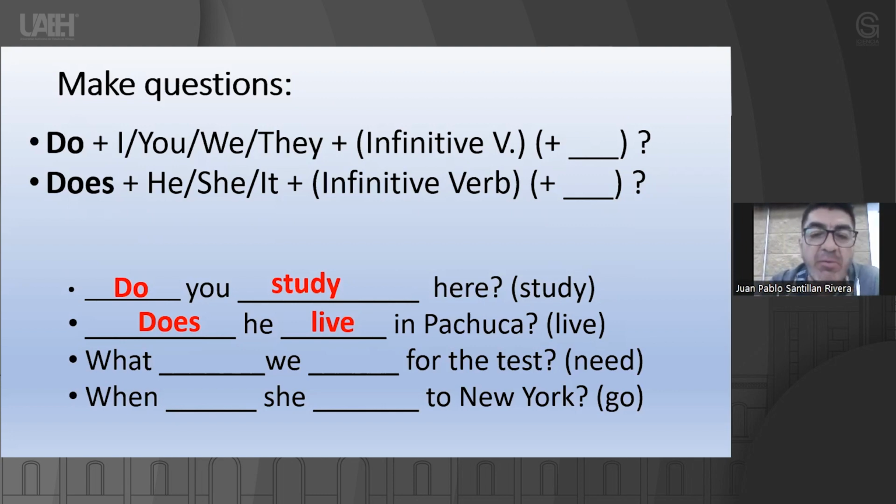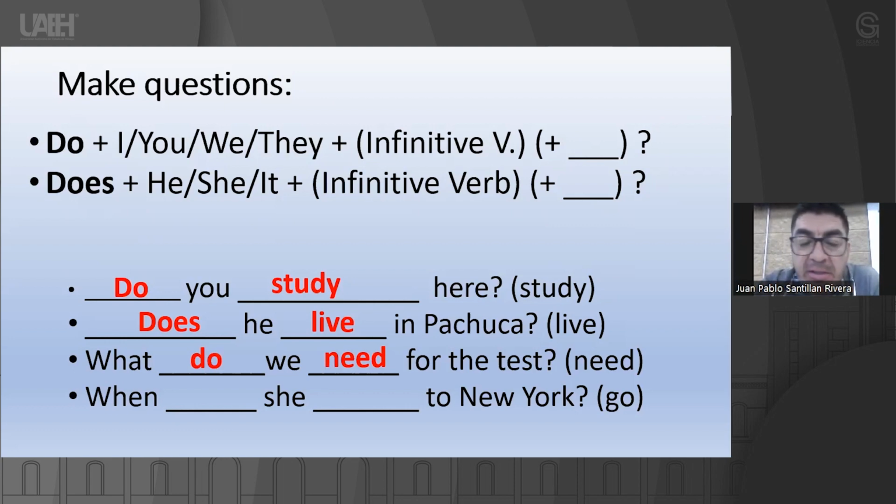What? Something we, something for the test. And we have the verb need. We go to the structure, and we notice that we use do. What do we need for the test?